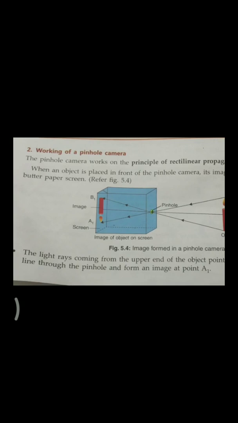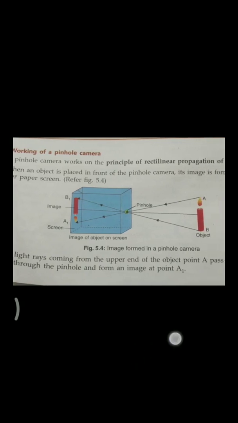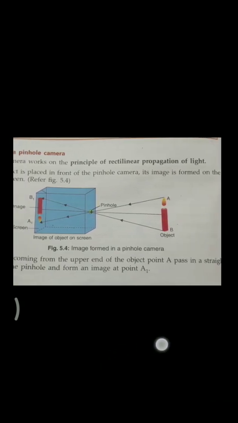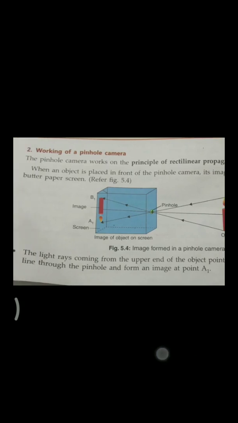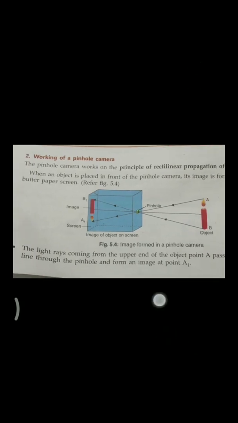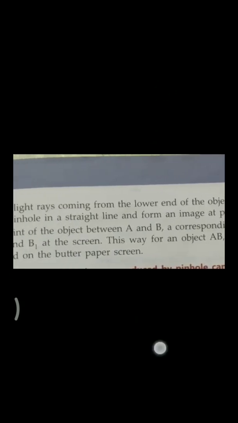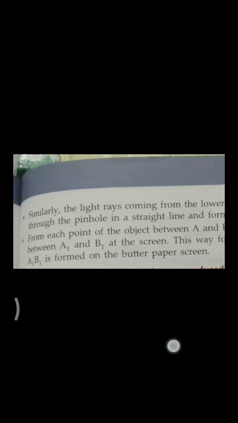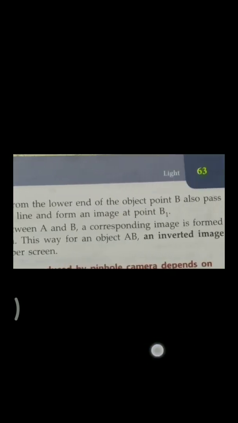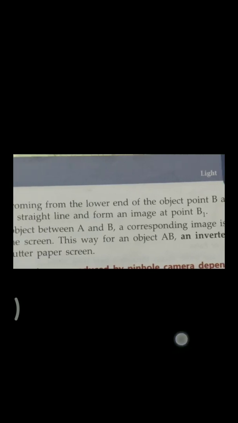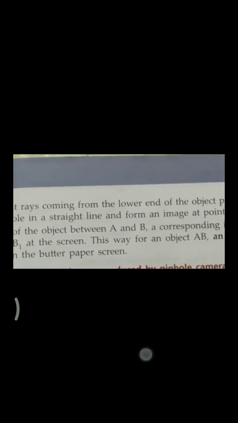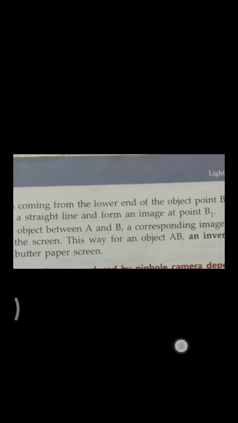Second point, light rays coming from the upper end of the object, point A, pass in a straight line through the pinhole and form the image at point A1. Similarly, light rays coming from the lower end of the object, point B, also pass through the pinhole in a straight line and form an image at point B1.